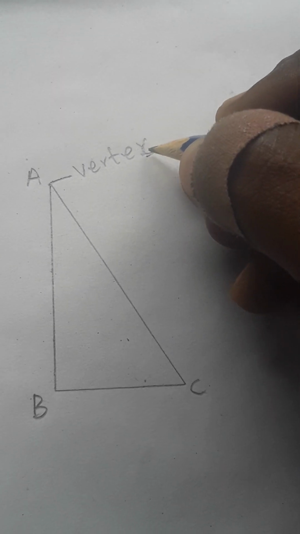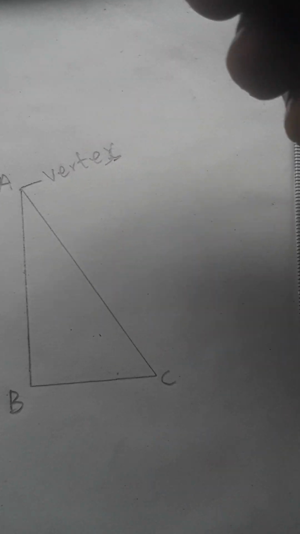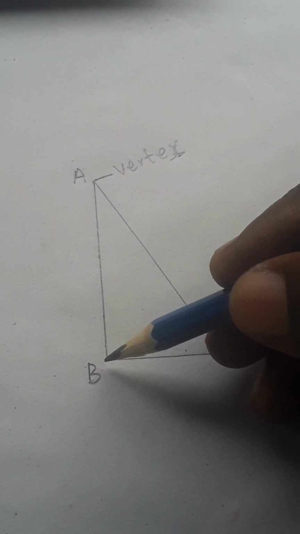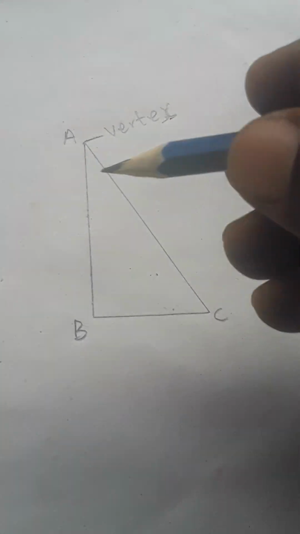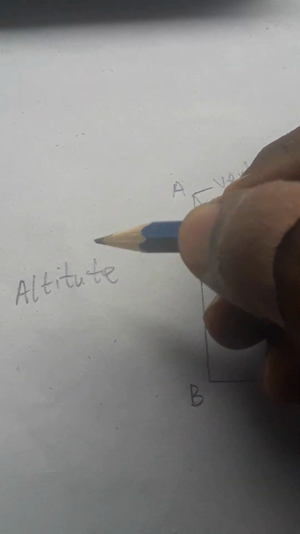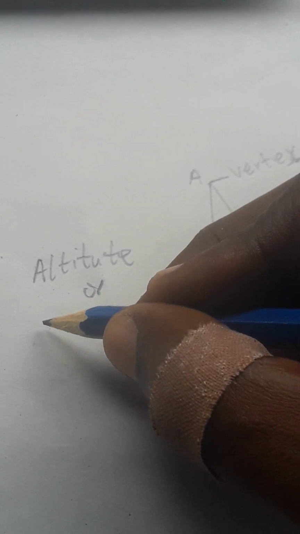Yes, vertex. Then, you should also know that this vertical line here from A to B is called the altitude. If you don't want to call it altitude, you can also call it the height, the vertical height.